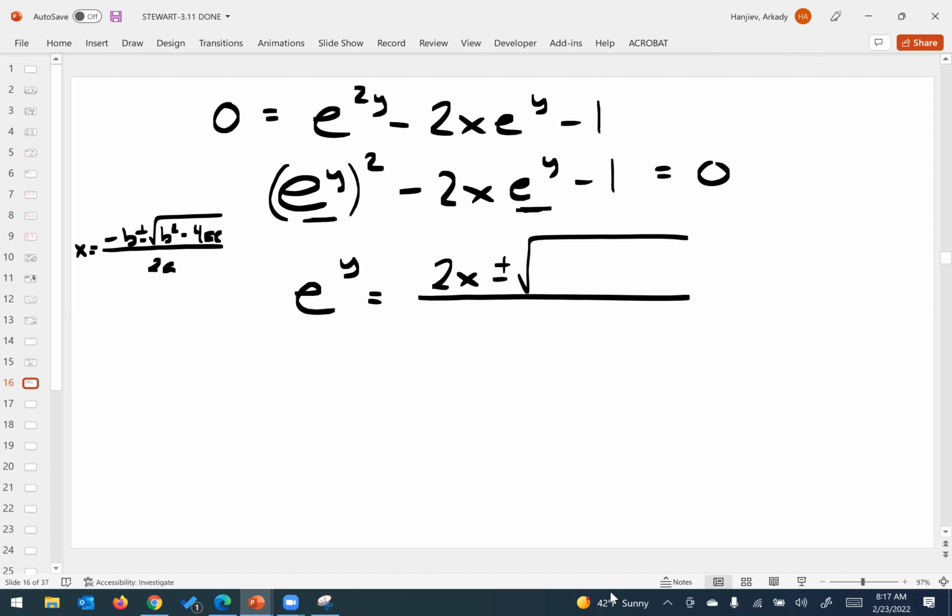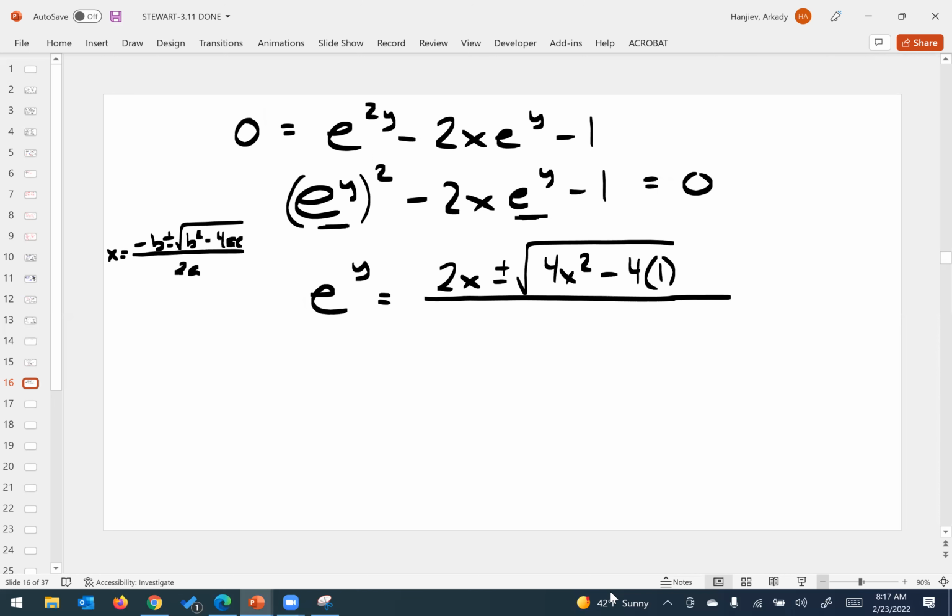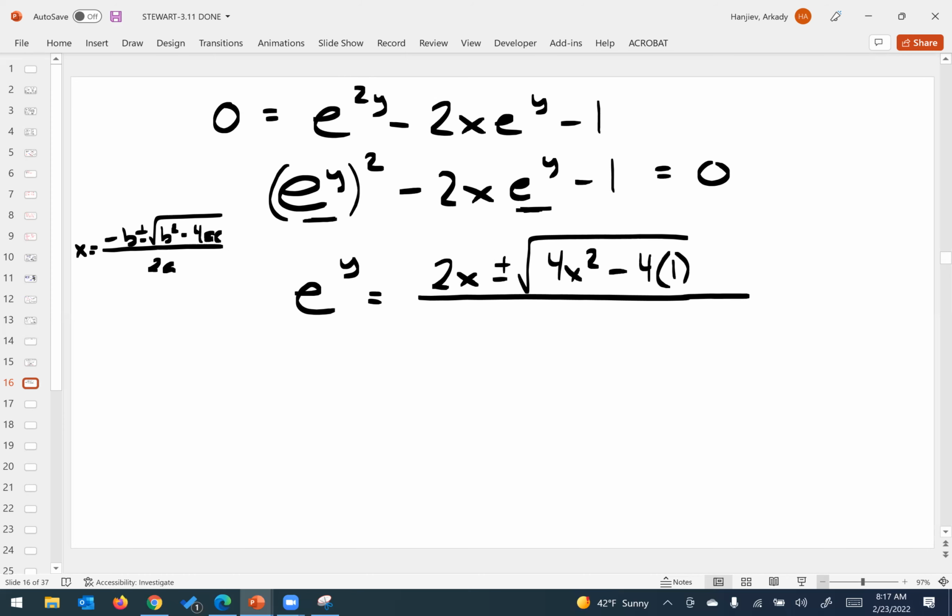So 2x being squared makes 4x squared minus 4 times a, which is 1 technically, times c, which is the negative 1, all over 2 times a.